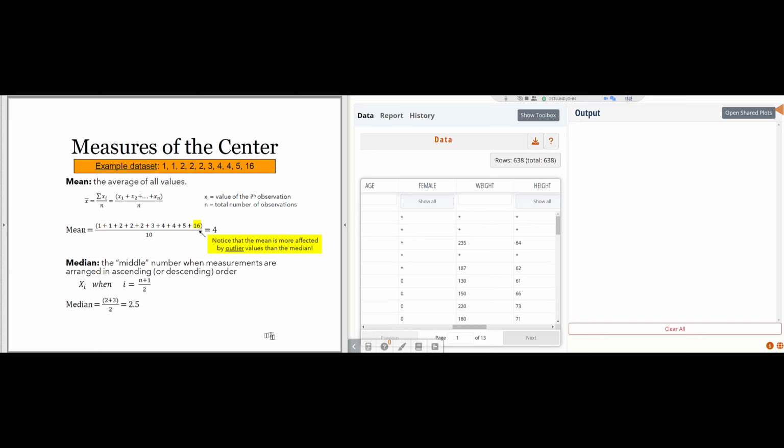All right, so in terms of doing these by computation, you very likely already know how to do these. The mean is what we think of as the average of all of the values.